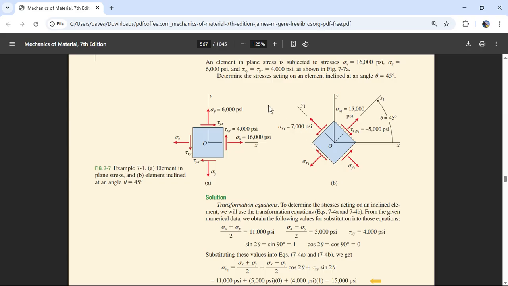Because now we can, yes, this is the negative direction, and it's saying this is in the negative direction. That's why I do not like that.